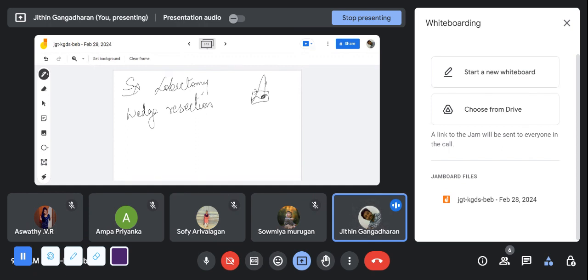Next is pneumonectomy. Soumya, what is pneumonectomy? Pneumonectomy is removal of the lung. Okay.